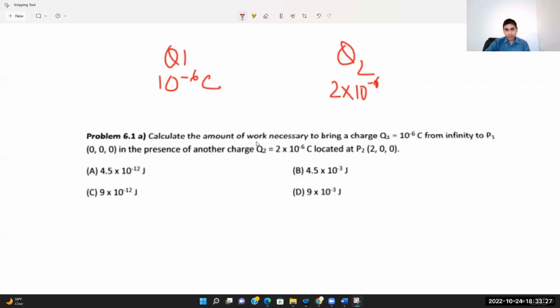If I'm trying to figure out how much work, what was the equation to solve work, right? Work was nothing but force into distance, right? And there was another equation over here, if you recall.